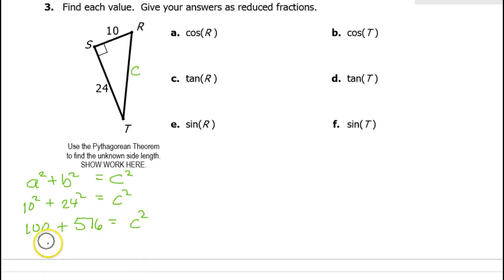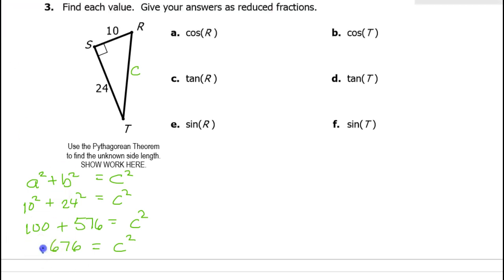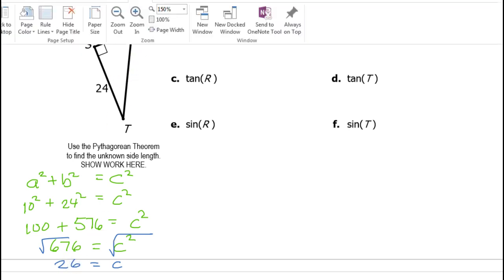If I add these up, that's going to give me 676 is equal to c squared. And of course, then I need to take the square root of both sides. All right, and it turns out that c is equal to 26. All right, so great. So now we know that the hypotenuse is 26.